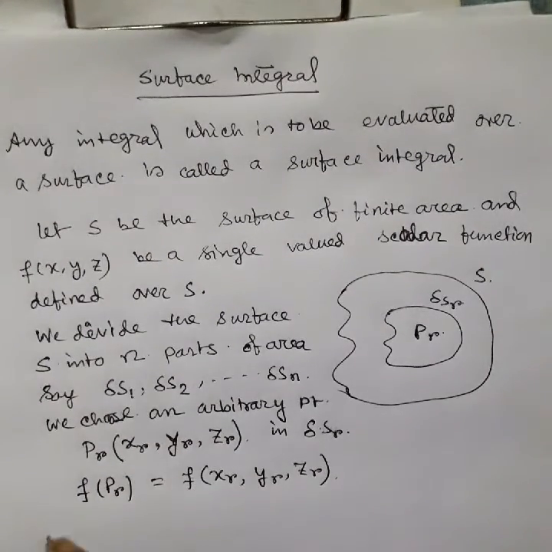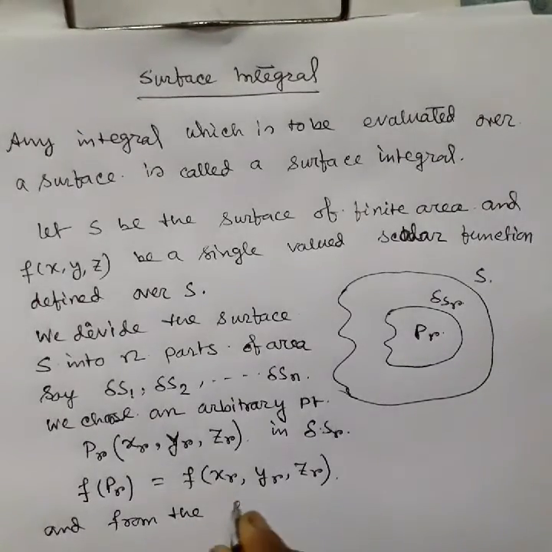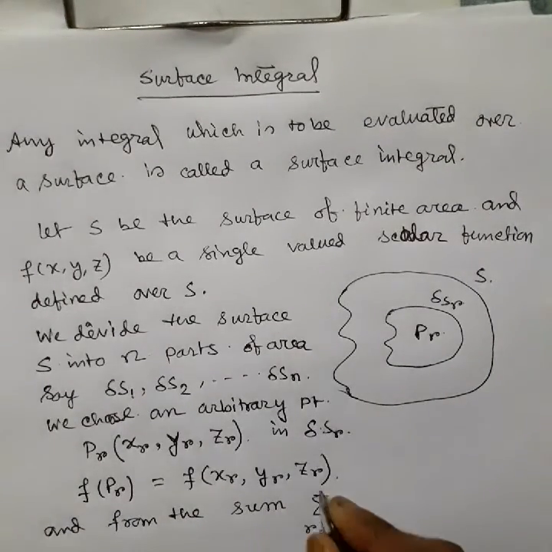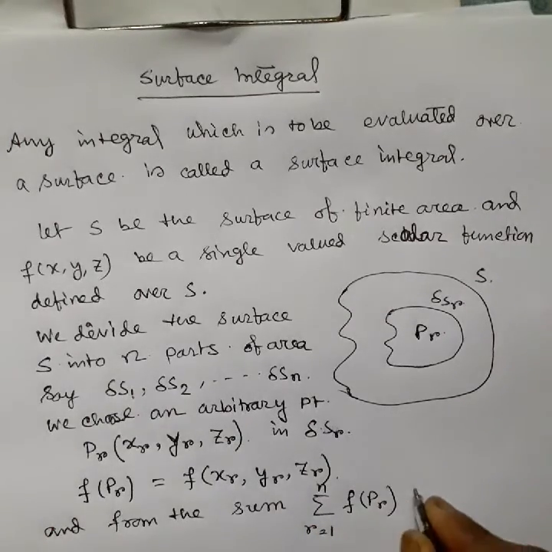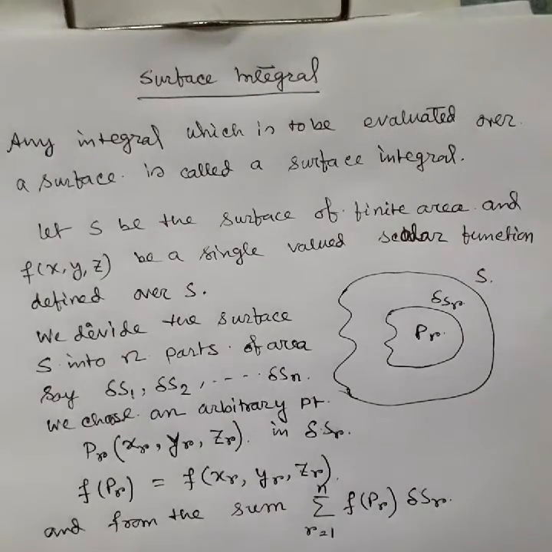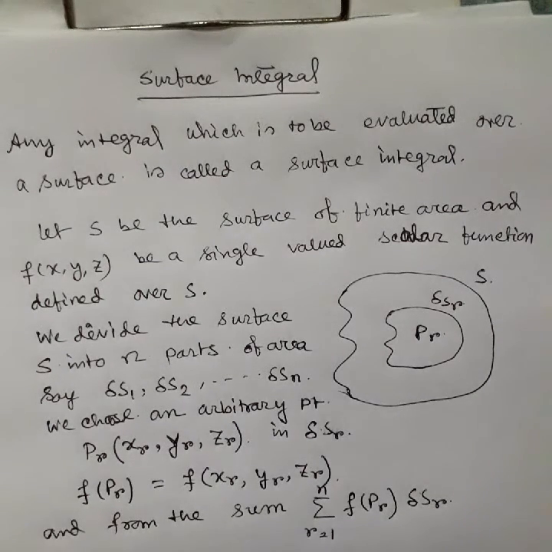And form the summation of R equals 1 to n f of PR delta SR. Now we take the limit of this sum as n tends to infinity in such a way that the largest area of delta S tends to 0.